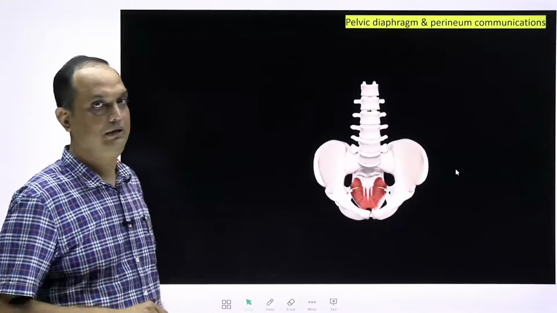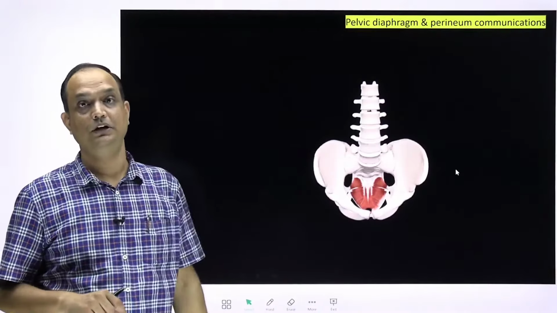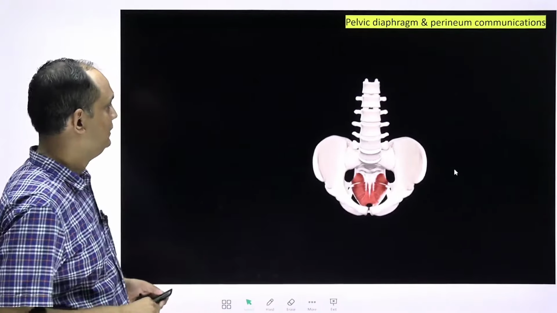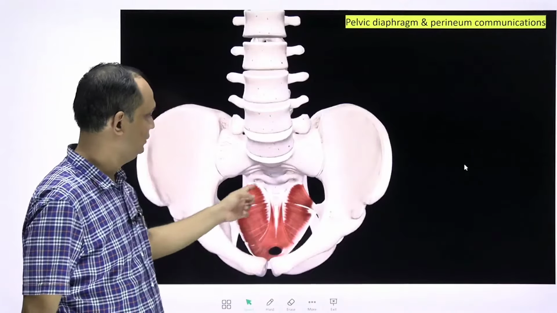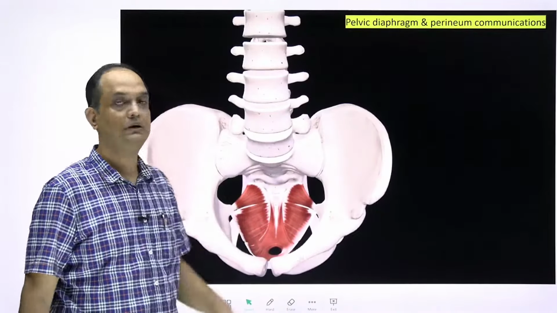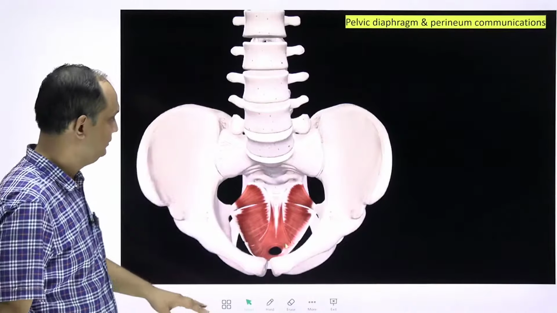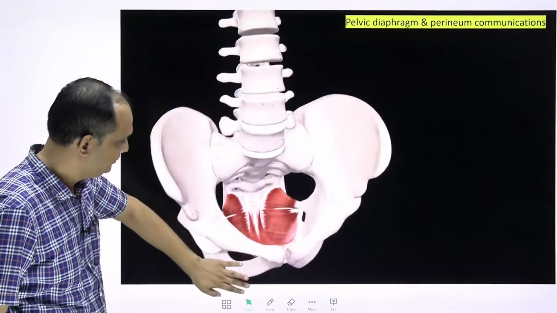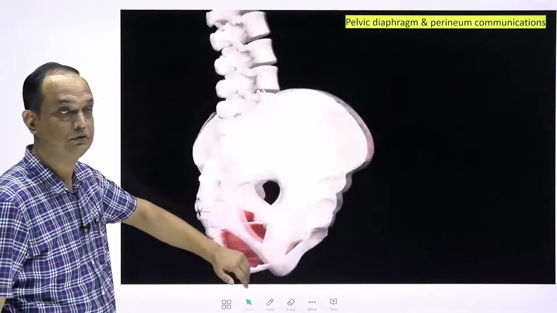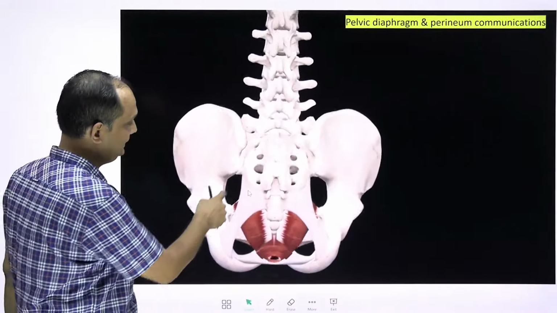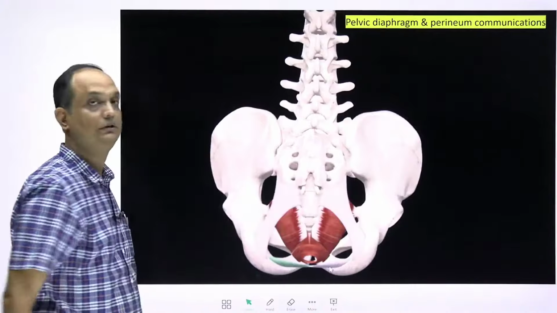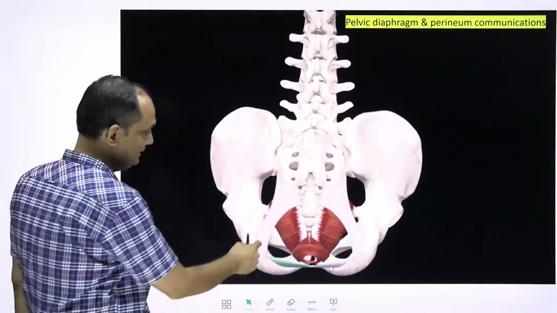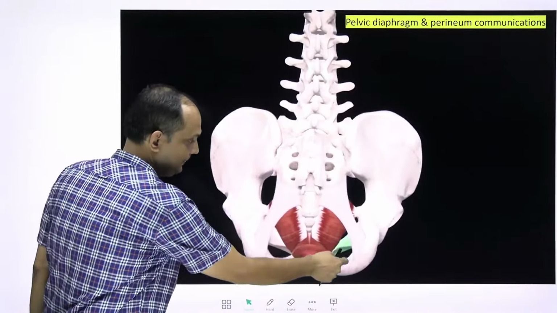Now in this video clip, we will see the relation of the pelvic diaphragm and its communication with the perineum. So this is your diaphragm. You can see that it is taking origin from all around your pelvis. Now when you see the lower side, or the posterior inferior aspect, you will find that this is your greater sciatic notch, which has been converted into the greater sciatic foramen, and this is your lesser sciatic foramen.